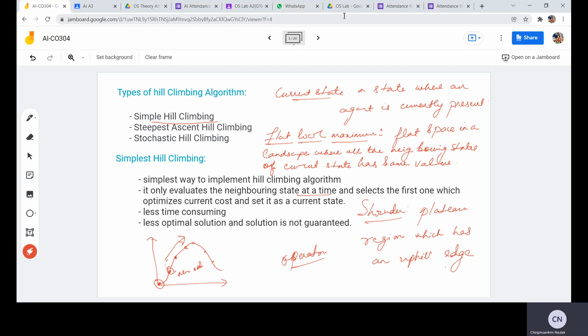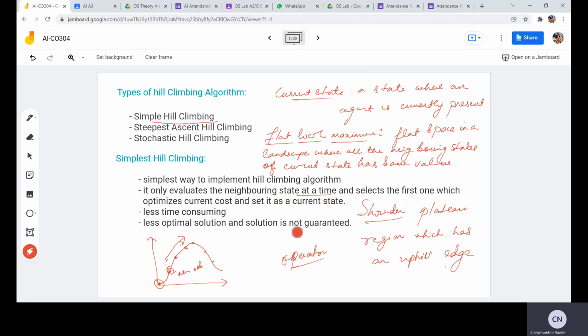All right. So simple hill climbing is the simplest way to implement the hill climbing algorithm. It only evaluates one neighboring state at a time and selects the first one which optimizes the current cost, and it sets that as the current state.